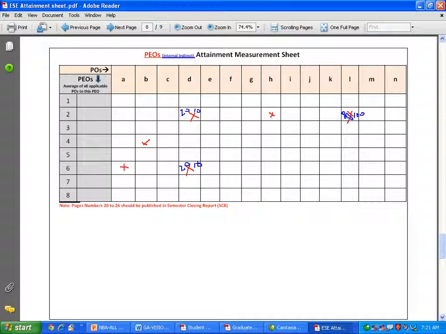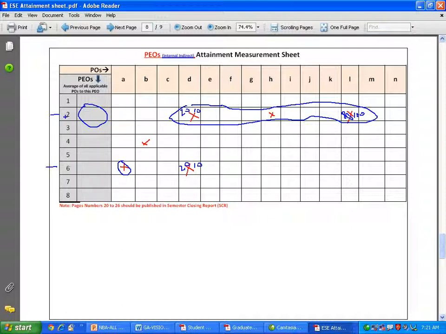D and L contribute only to program educational objective 2 and program educational objective 6. A is also contributing to program educational objective 6, but my course is not contributing to A, hence I am not putting that in. So now what I do is take the average of the row, and I put it here, and this becomes the attainment of program educational objectives through my course.